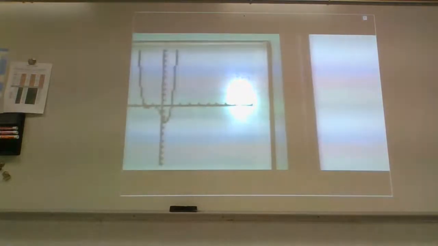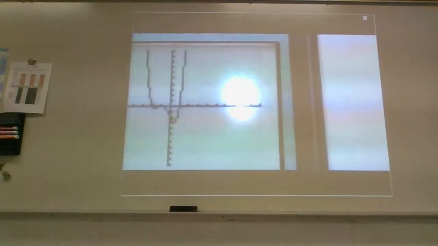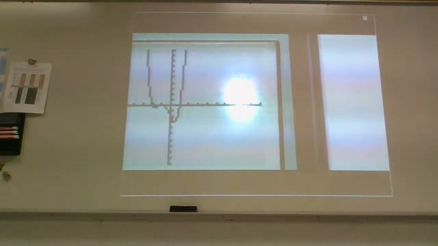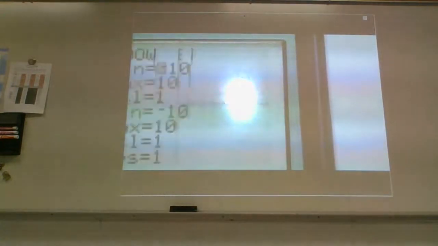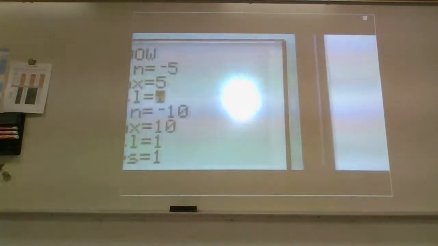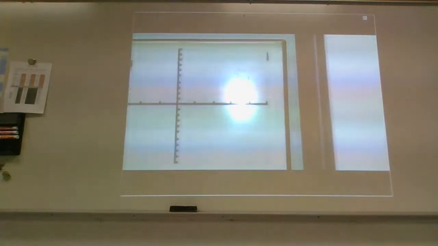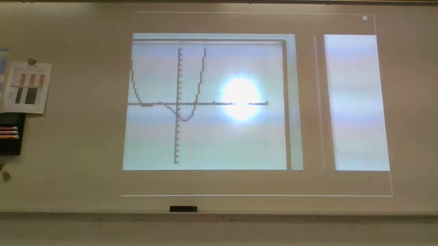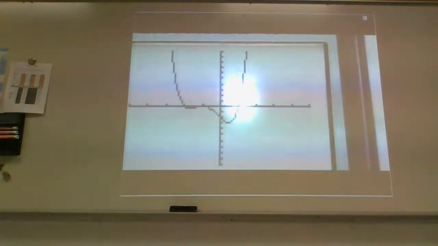Look right here. Look at this graph. It looks like the bottom of Florida or like a boot. I don't know. Whatever. Let me change the size right here. Name where you think it might cross the x-axis. Looks like -2.